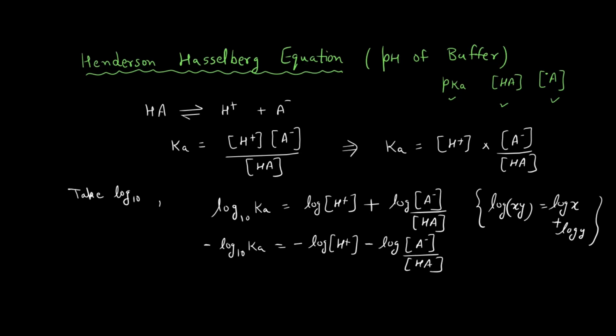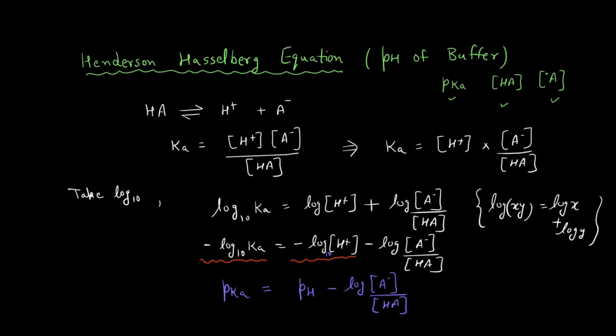Now tell me, what is minus log Ka and what is minus log H+ ion? We know that minus log Ka is pKa, and minus log to the base 10 of H+ ion concentration is pH, and the other value remains the same.